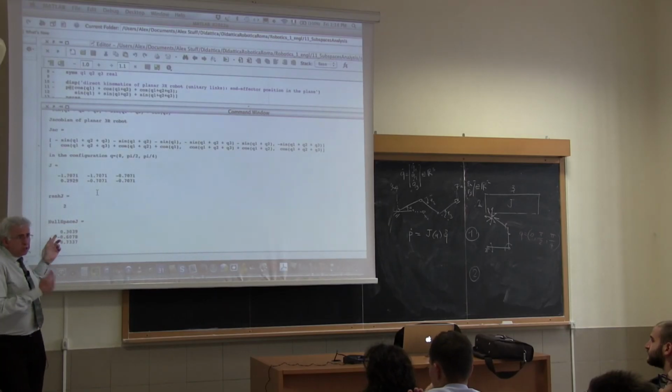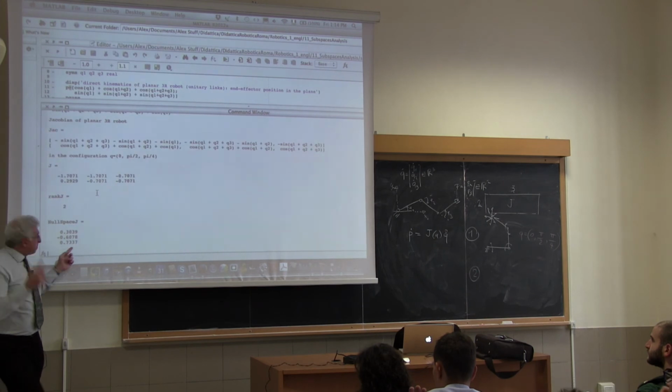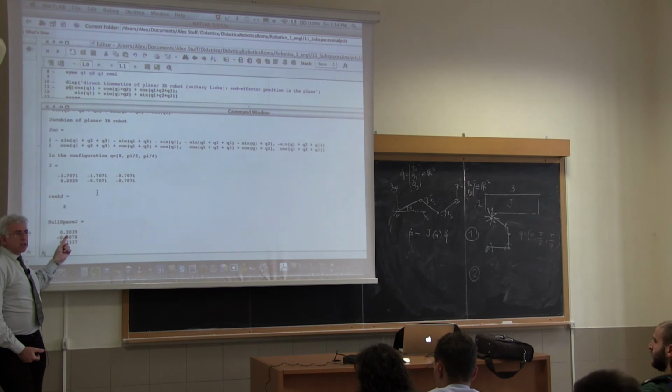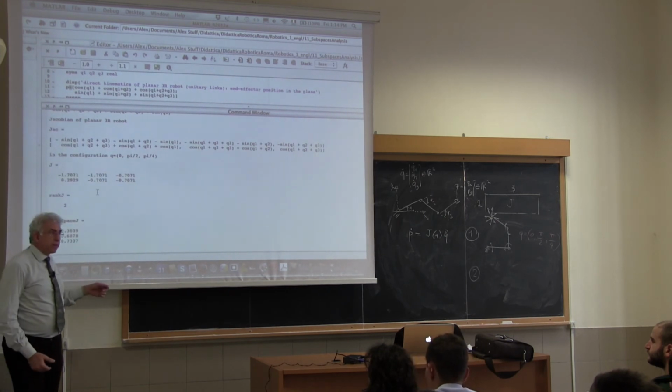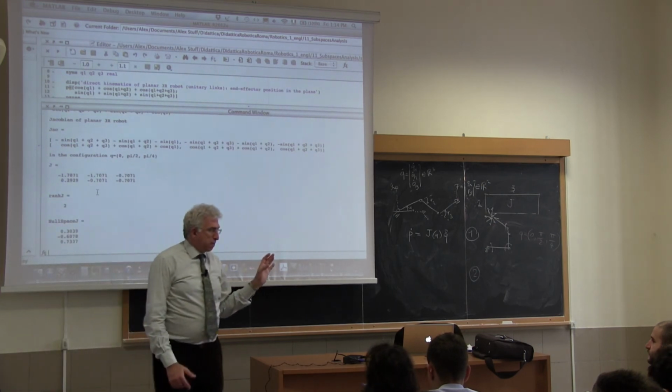So a unitary vector, actually, if you take the norm of this vector, it is unitary. It gives one direction, which means that if you move joint 1 at a speed of 0.3, the second minus 0.6, and the third plus 0.7, then the end effector velocity will be exactly 0.